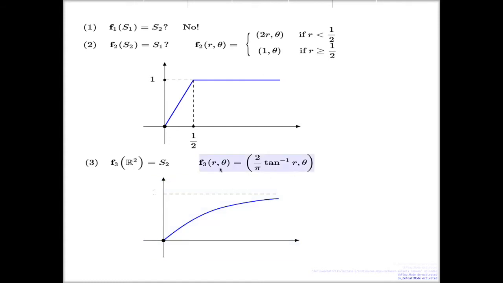Basically you don't change your angle, but you use the arctangent function in order to squeeze the half line 0 to plus infinity into the 0, 1 interval without 1.